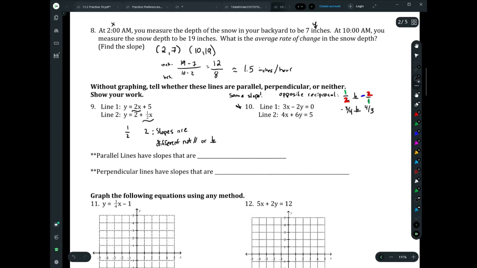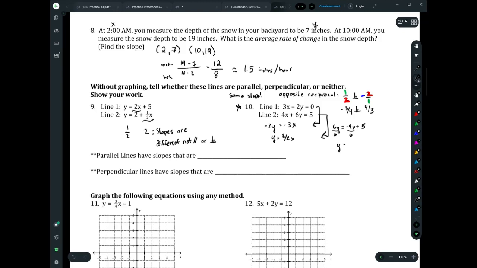For number 10, you just have to solve for the slope first. So imagine if we were making this into slope-intercept form, we would have -2y is equal to -3x, and then we'd have y is equal to 3 over 2x. If we solve the next one, we would have 6y is equal to -4x plus 5, dividing by 6.